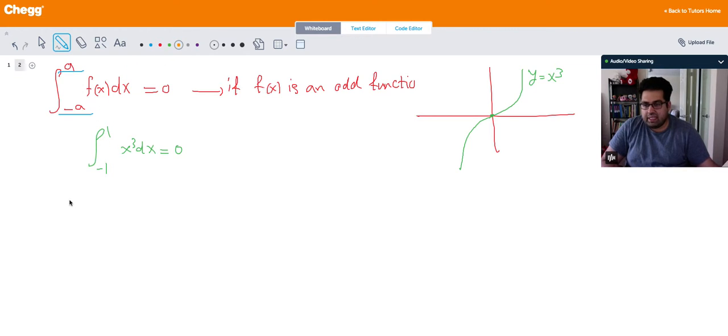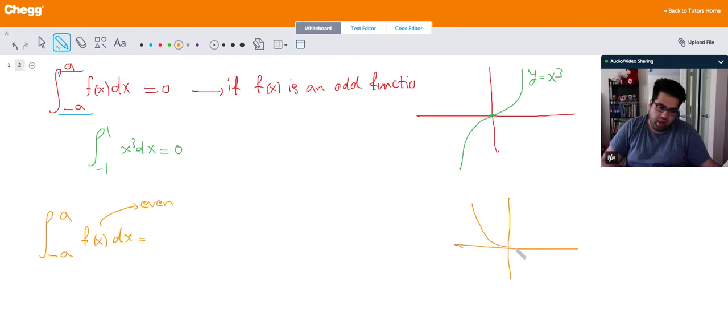The very last thing I need to go over: if you have the same situation and your f of x is even, meaning it's symmetric about the y-axis, like y equals x squared, then the integral is equivalent to 2 times the integral from 0 to a of f of x dx. This helps reduce the amount of work when calculating the integral, because dealing with 0 is faster and easier for all of us.